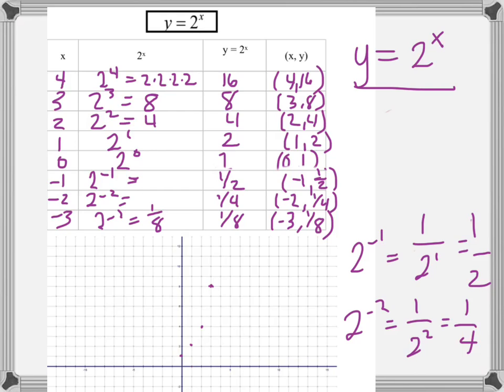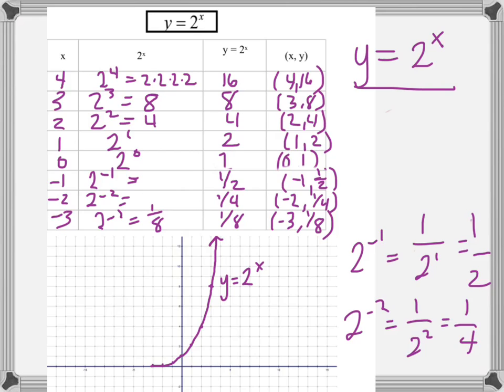Then negative 1, 1/2, and it starts to become very close to the x-axis, negative 2, 1/4, negative 3, and it's a little hard to see here. If you connect these points, it looks like this curve right here. And this is the curve y equals 2 to the x.